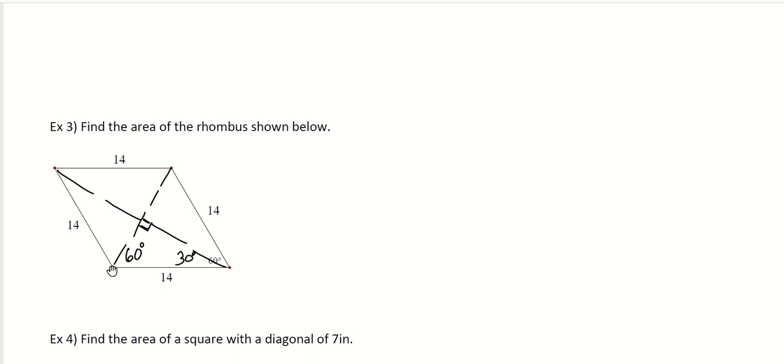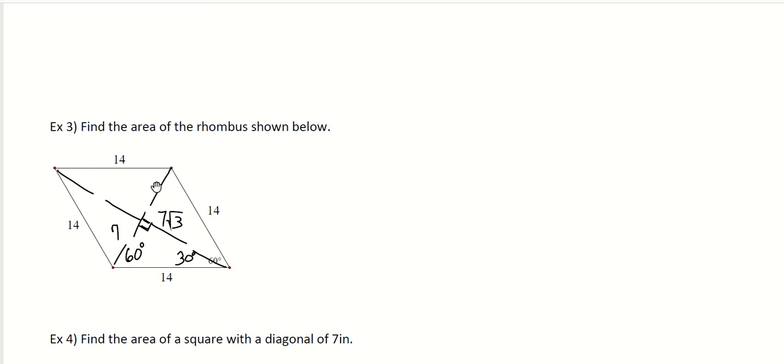So I want to find my short leg. Remember, if you don't have the short leg, get it. We go from the hypotenuse to the short leg, we divide by 2. So we get 7 for our short leg here. Now, to go from the short leg to the long leg, I'm finding the length of the diagonal. Short leg to long leg, we have to multiply by root 3. So we get 7 root 3. Now remember, these are diagonals that have been bisected, so 7 is half.